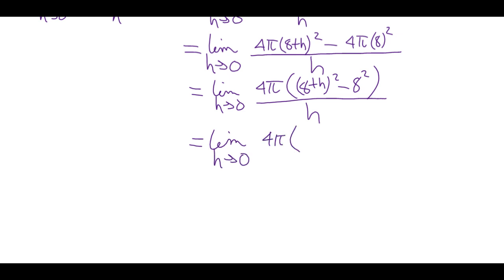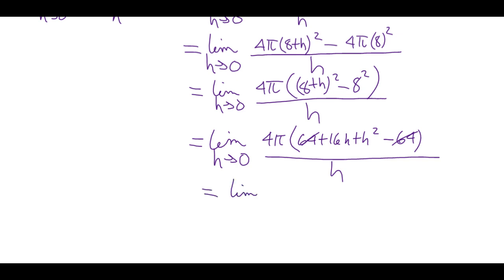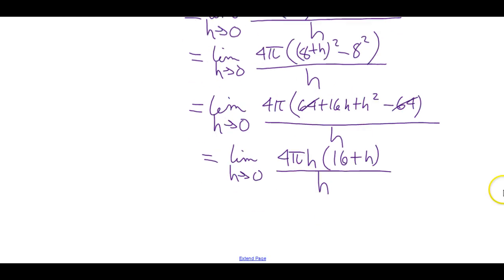So 4 pi, and what do we have? 64 plus 16h plus h squared minus 64 over h. You notice you have an h in common here. So let's throw in one more line, can't hurt: 4 pi h(16 plus h) over h. All I've done there is factor the h out of 16h plus h squared, so that we can then cancel the h's.